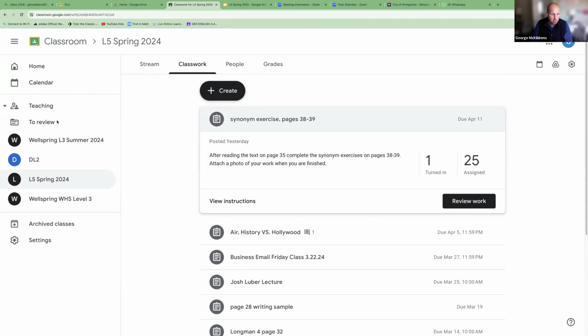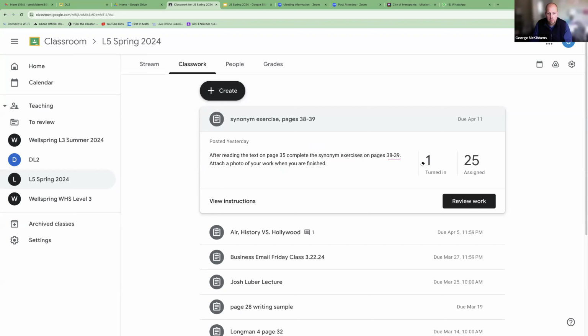Gustavo, you want to give it a shot? Yeah. Okay. After reading the text on page 35, complete the synonyms per side on page 38 and 39. Attach a photo of your work when you are finished.